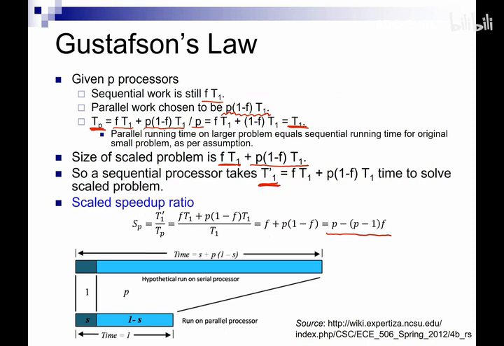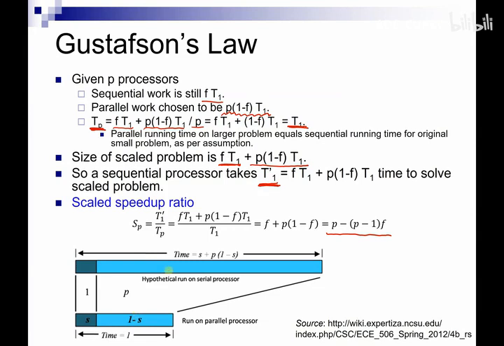Now, if you want to take a more pictorial look at this, here in the scaled problem, if you look at the running time on a parallel processor, you have the sequential portion, and then the parallel portion is going to take this amount of time to run.